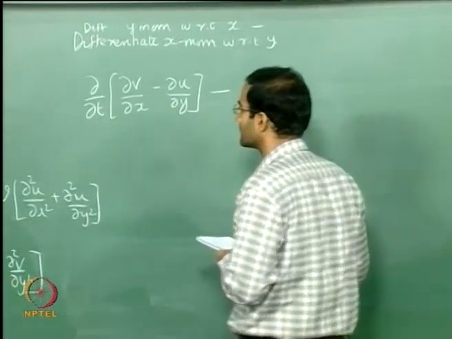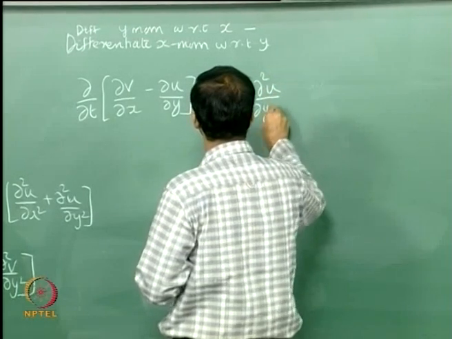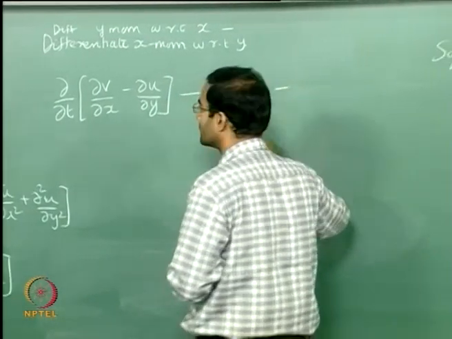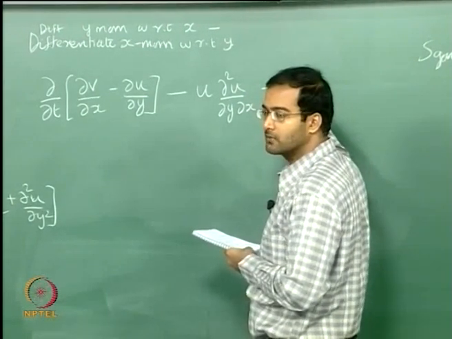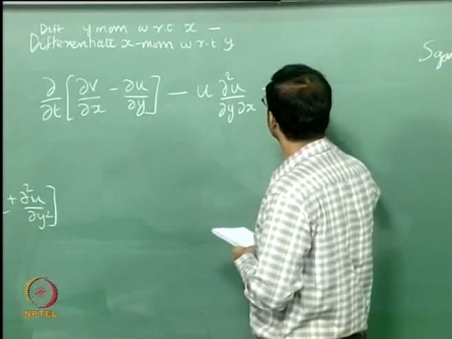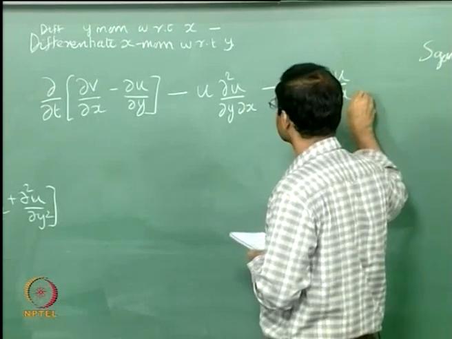Okay, so I can write this as u into d square u by dy dx minus, yeah, du by dy into du by dx.